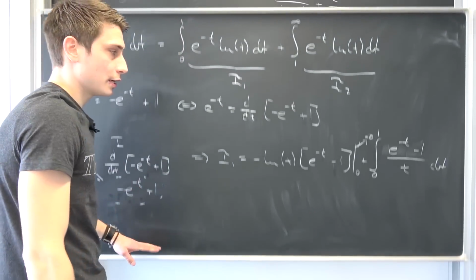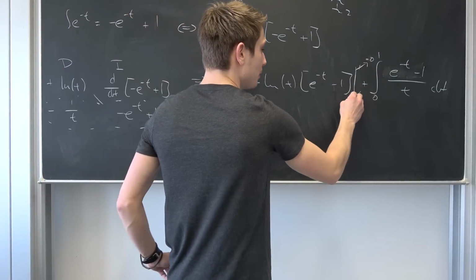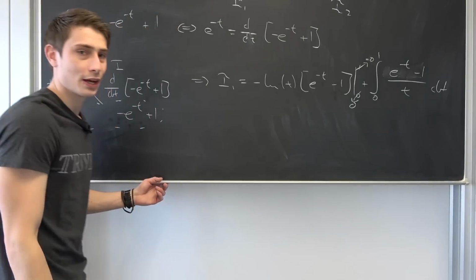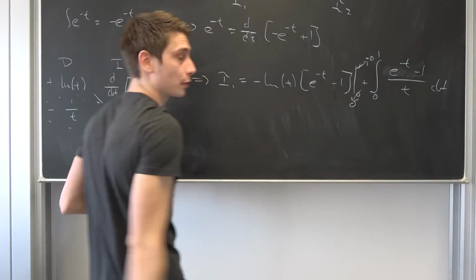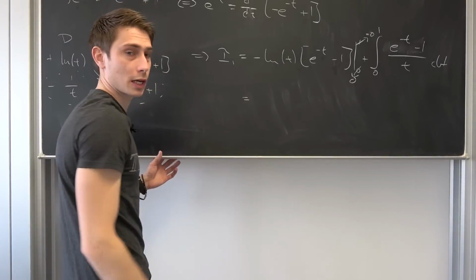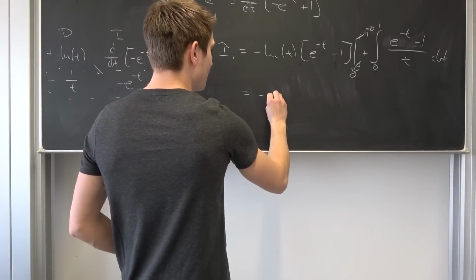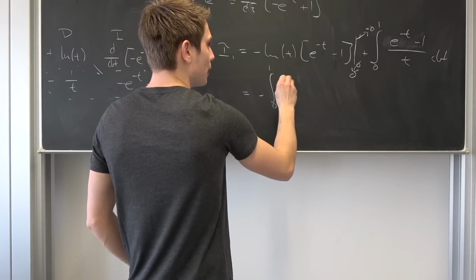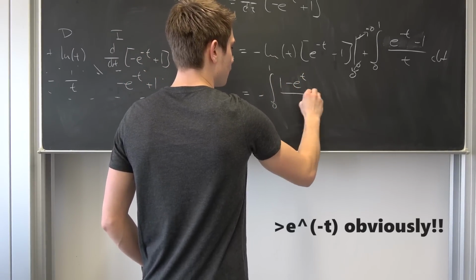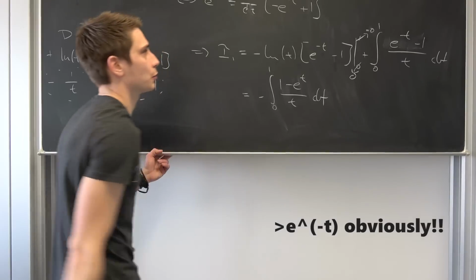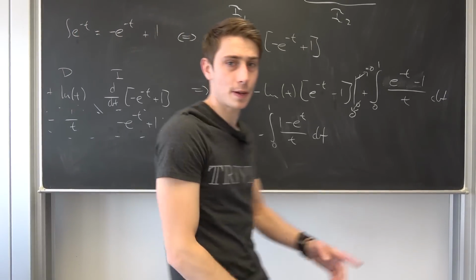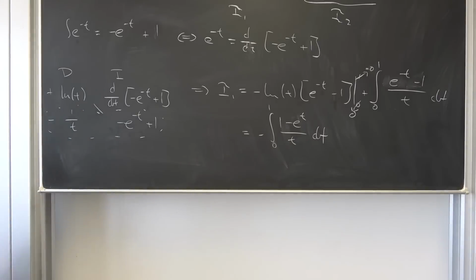Meaning, after we have done this, this actually goes to 0, leaving us with this thing right here as our I1. Now I would like to drag a negative 1 to the outside to bring it into a familiar form, namely negative integral from 0 to 1 of 1 minus e to the t over t integrated with respect to t.